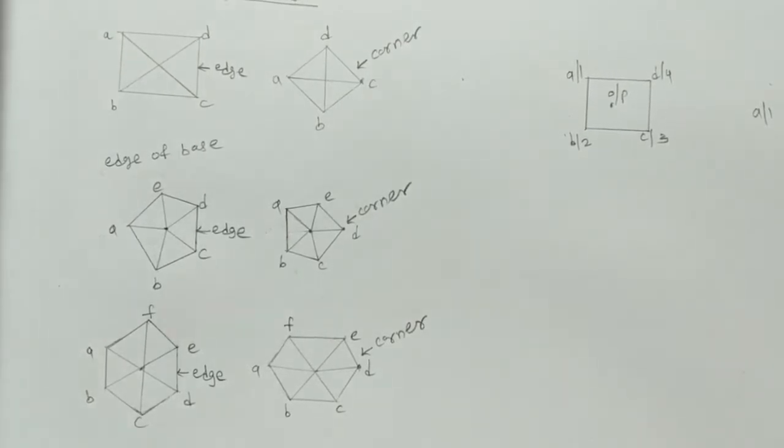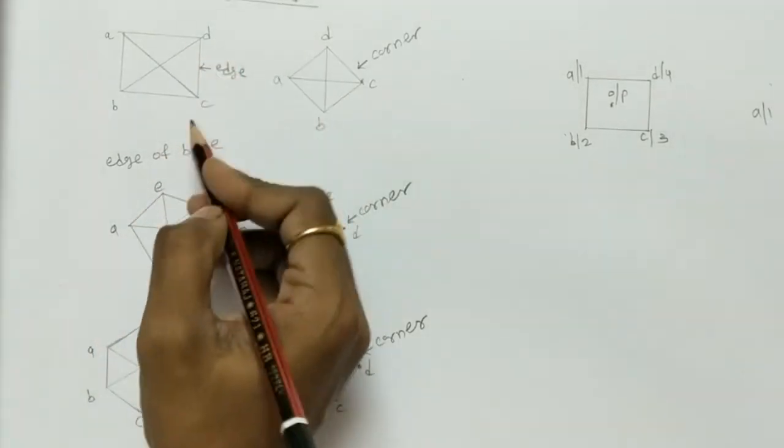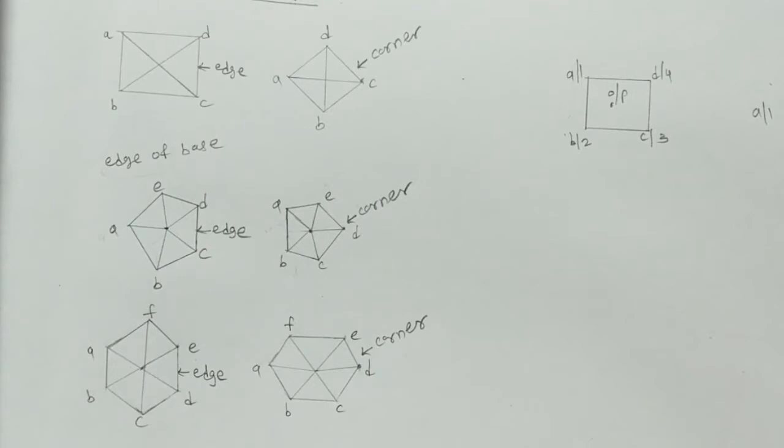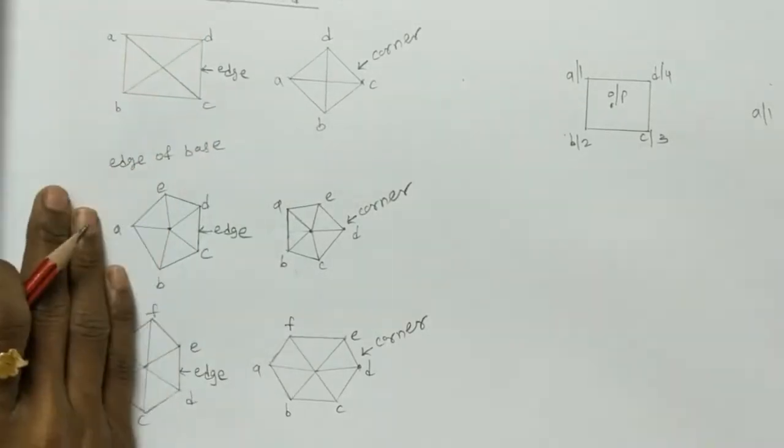So when we draw a pyramid, there is only one face, and when we draw prism, there are two faces. So when this is the edge, then this edge shows a face.